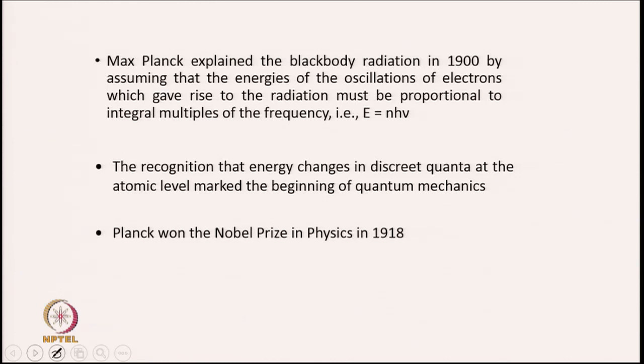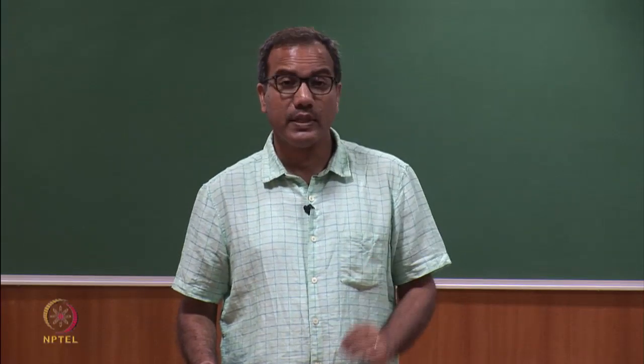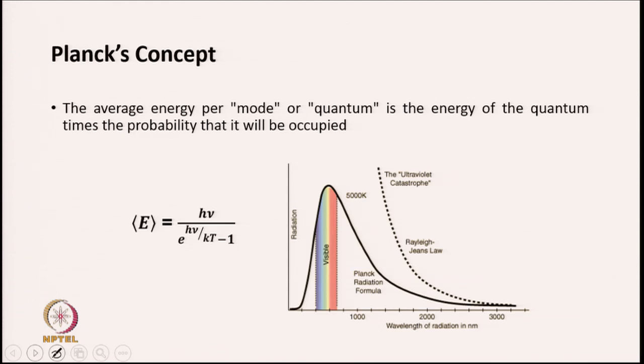This recognition that energy changes in discrete quanta at the atomic level marked the beginning of quantum mechanics, and Planck won the Nobel Prize in Physics in 1918. So, what was the Planck concept? That the average energy per mode or quantum is the energy of a quantum times the probability it will be occupied, and the value of E is now no longer equal to kT, it is h nu divided by exponential of h nu by kT minus 1.